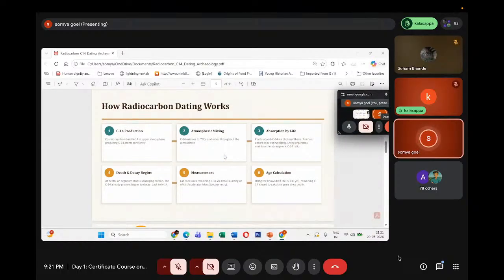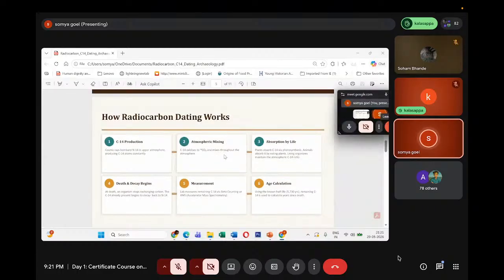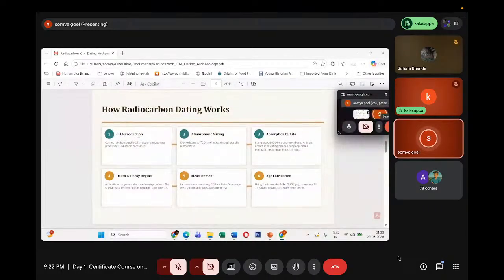Now, elaborating on the steps I've mentioned. The first step is carbon 14 production. As I said, cosmic rays bombard the atmosphere and react with the nitrogen 14 present in it, producing carbon 14 atoms. This is a constant process and it keeps on happening. Then we have atmospheric mixing.